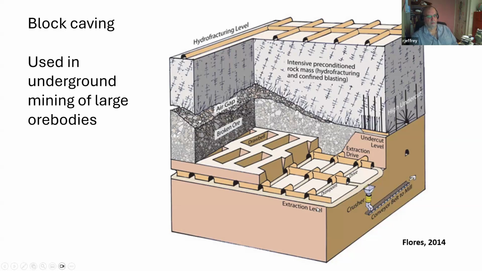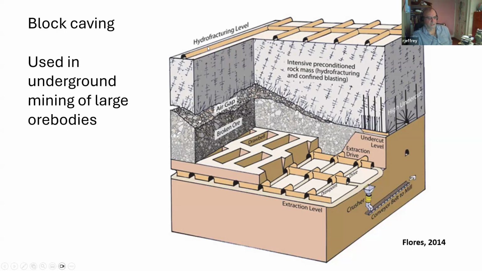This is a diagram representing block caving as carried out at Cadia East in New South Wales, which is a gold copper block cave. The idea is the ore bodies are quite massive, so maybe 200 by 200 meters of footprint is undercut and developed at a time and then extracted.